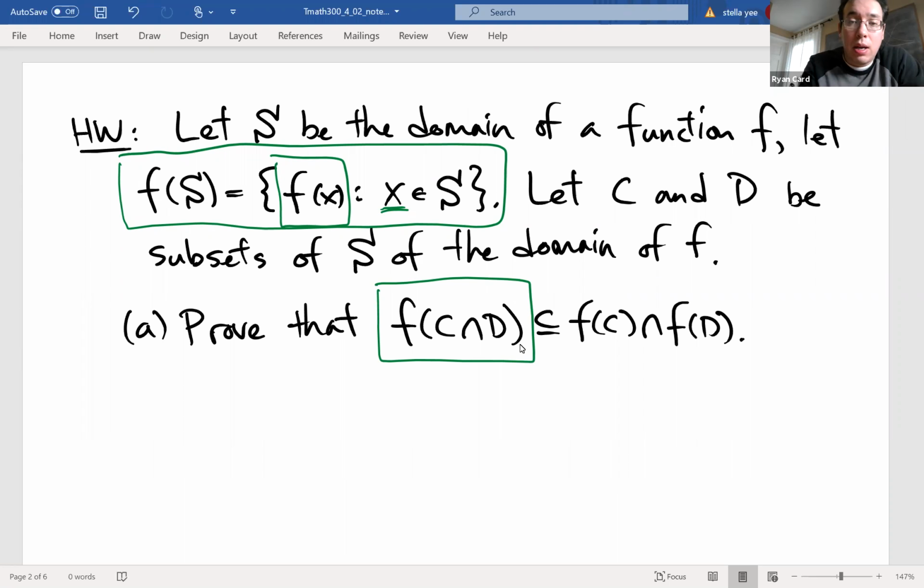This proof will involve just unwinding definitions. So let's see how we can get here.